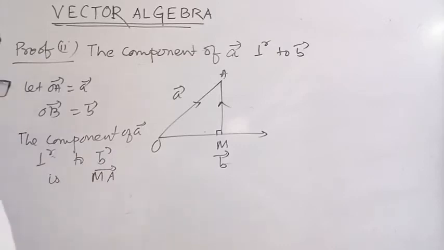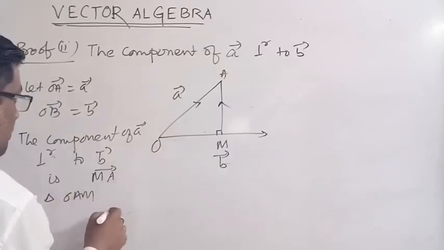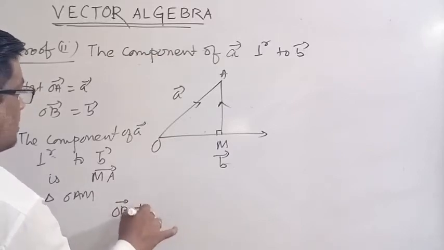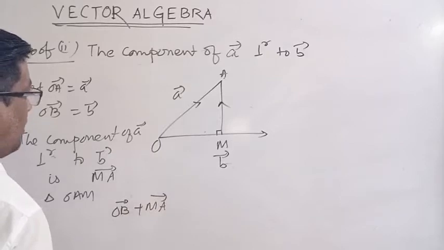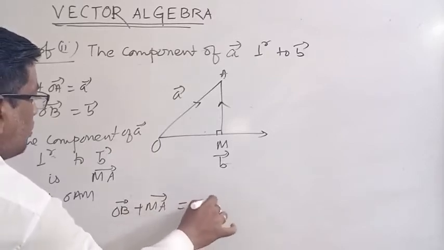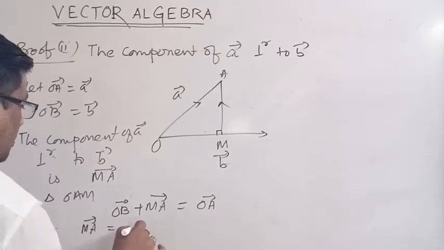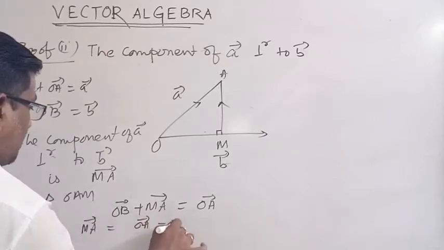In triangle OAM, OB vector plus MA vector is equal to OA vector. So MA vector is equal to OA vector minus OB vector.